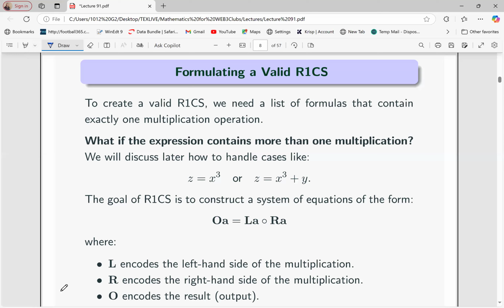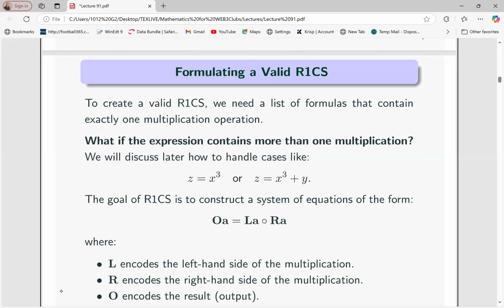Now, what is our goal? Our goal is to construct a system of equations of this form, where we have the result multiplied by the witness equals the left-hand side multiplied by the witness, multiplied by the right-hand side multiplied by the witness.